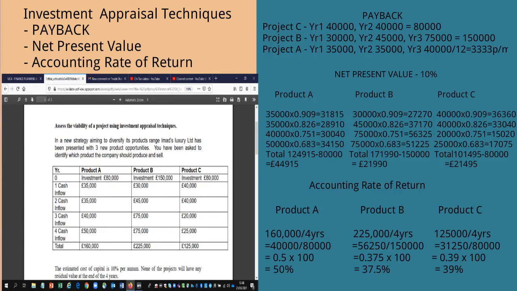Some of the disadvantages are it assumes that you can accurately assess the cash flows over the period of the 4 years, and also it assumes that the net present value rate stays the same over the lifetime. So that in itself is not crystal clear.